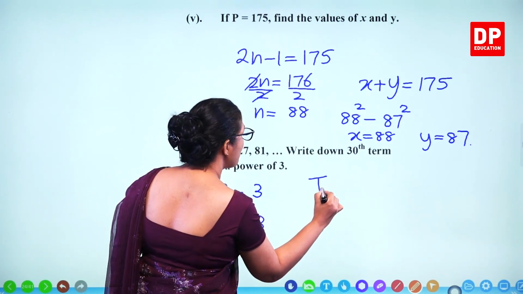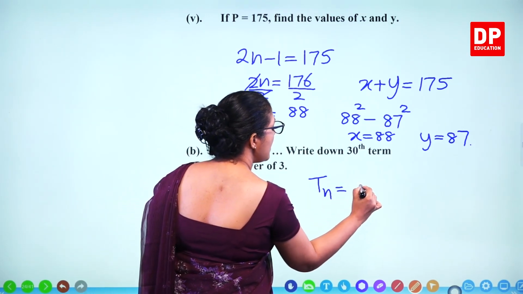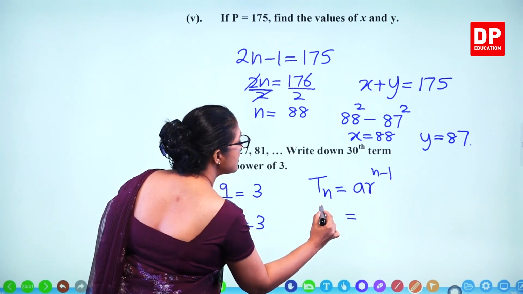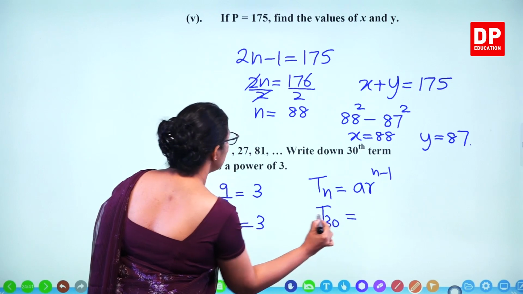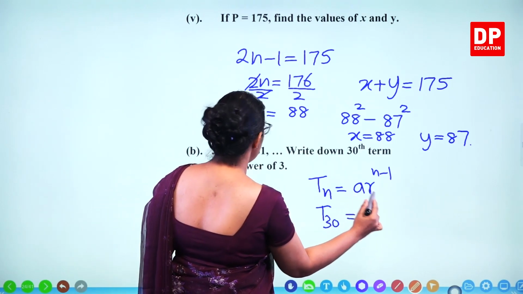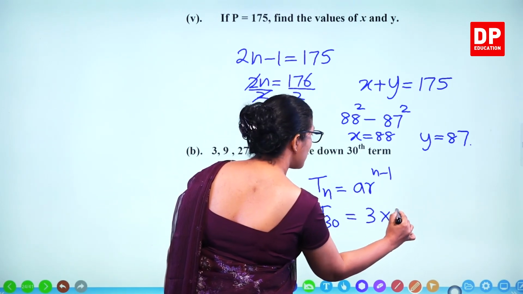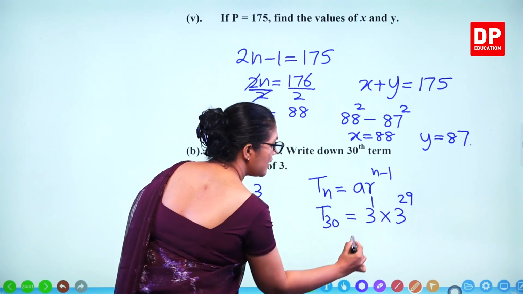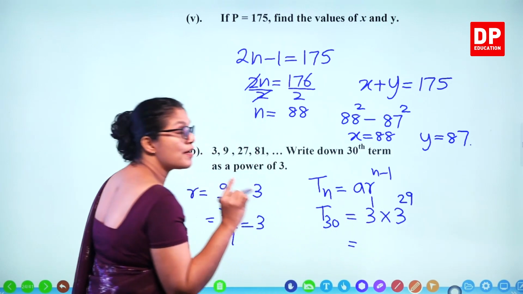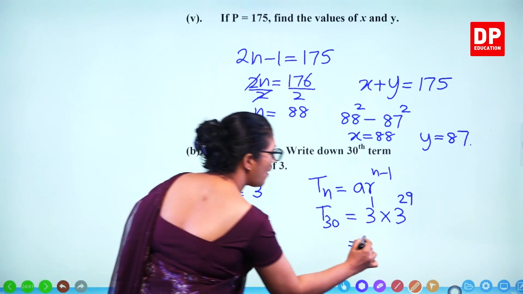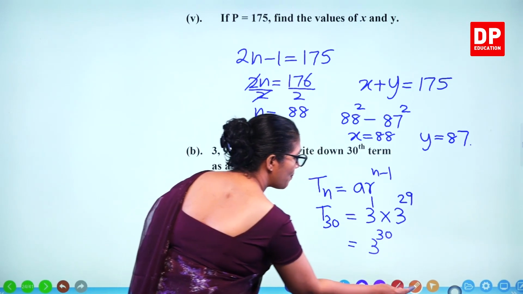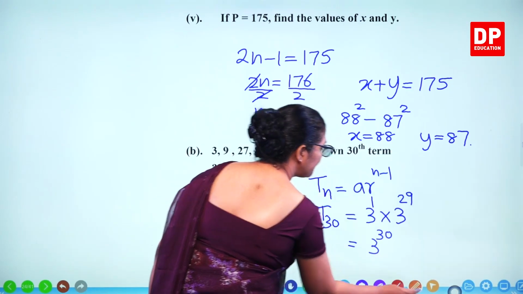So geometric progression, what's Tn? a r to the power n minus 1. Now we need 30th term. a is 3. Ratio is 3. 30 minus 1, 29. And here, same base, different powers multiplication. We add the powers. 29 plus 1, 30. So 3 to the power 30.